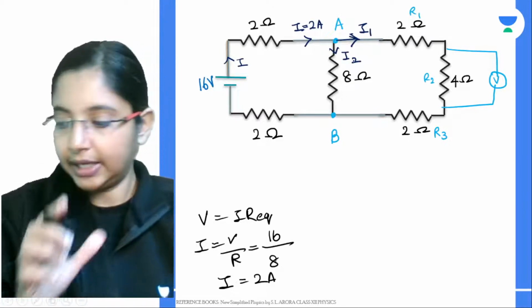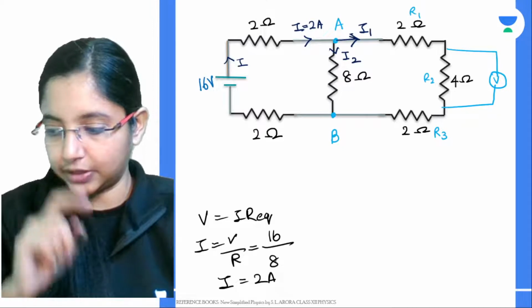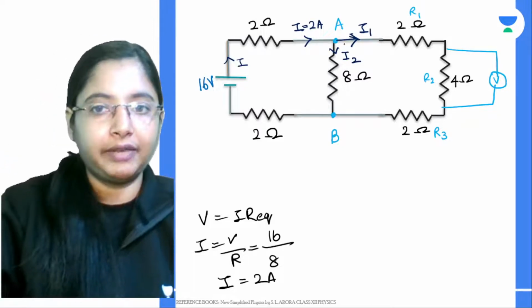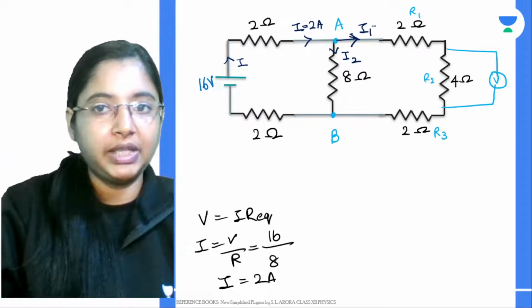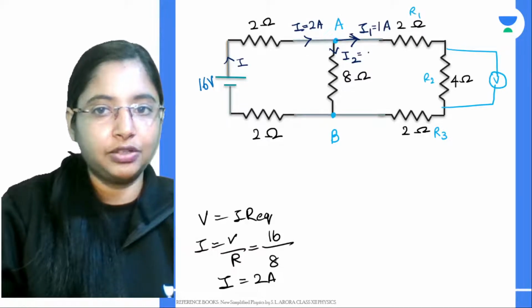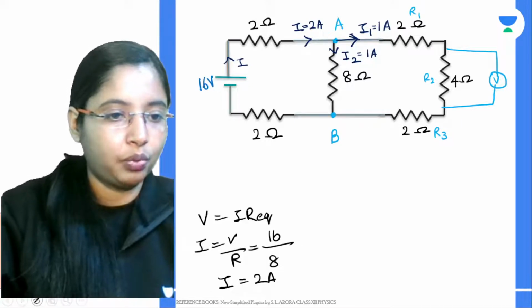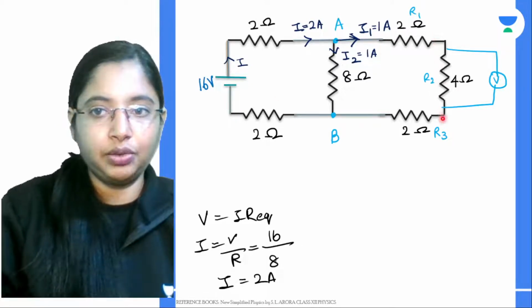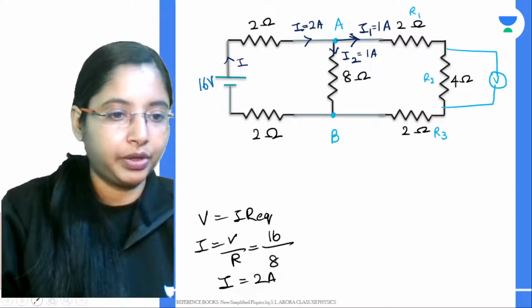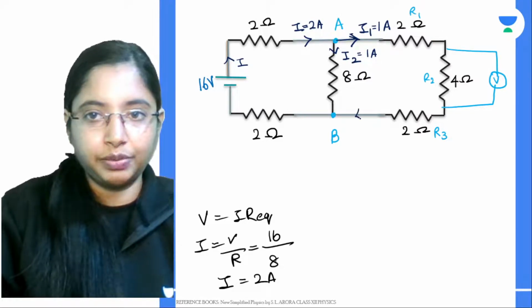So the total current is divided into two branches, and it will be equally divided. 2 amps of current means 1 amp flows into this branch and 1 amp flows into the other branch. So 1 amp of current goes all the way through and comes out over here, to point B. This is going to be your I1.